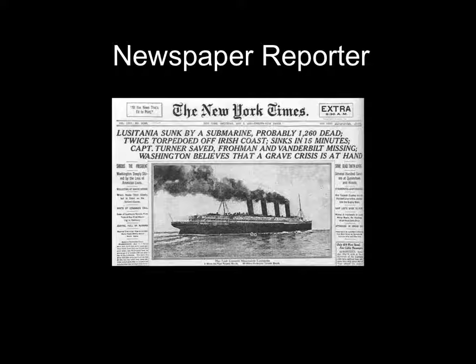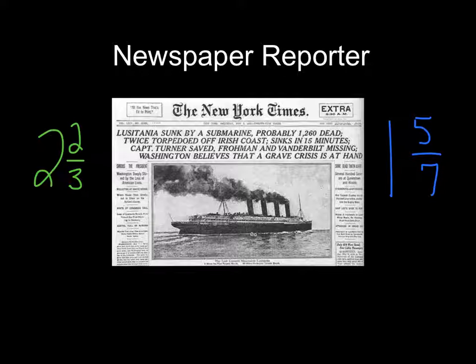Your story is going to use 2 2/3 pages. Your friend's story is going to use 1 5/7 pages. So your challenge is to figure out how many pages these two stories will use of your school newspaper. Alrighty, so let's go ahead and get started here.